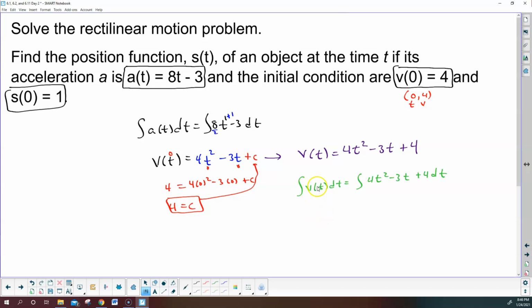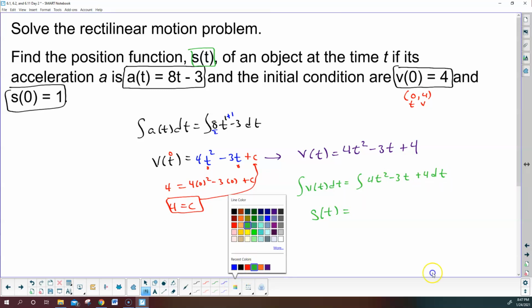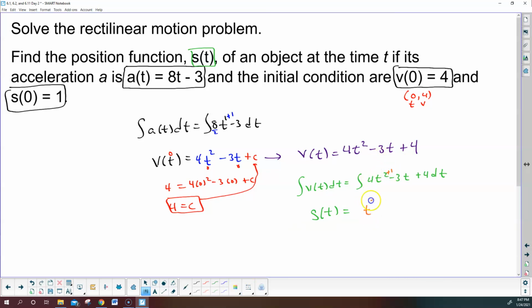So the antiderivative of velocity is position, which we called s of t. They named it right here. And then we're just going to undo the power rule again. So I'll use a separate color for this one. If I have 4t squared, I'm going to add 1 up top, so that'll be a 3. Now notice that 4 is not going to be reduced out. If I put a 3 up top, I have to put a 3 on the bottom. So that's just a 4/3.